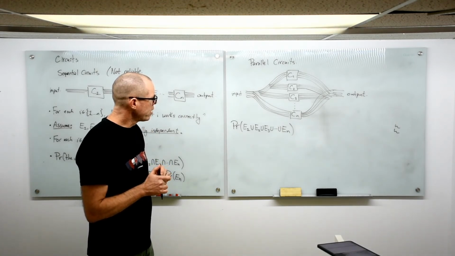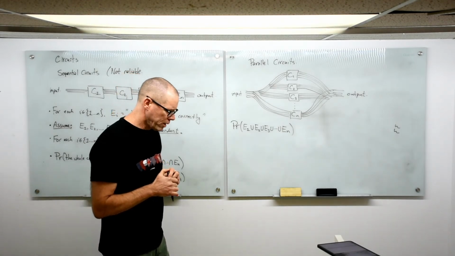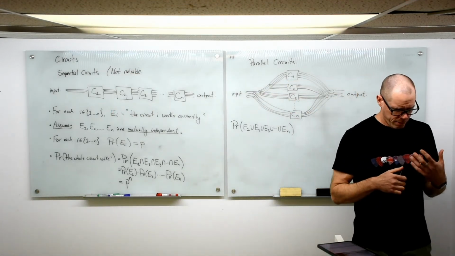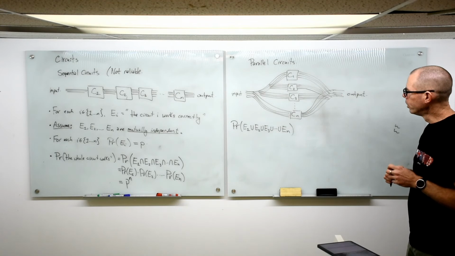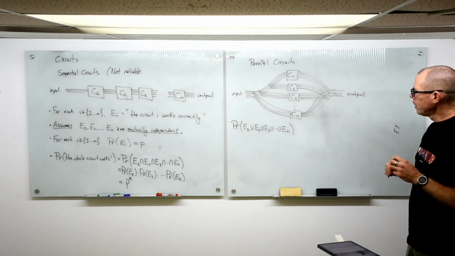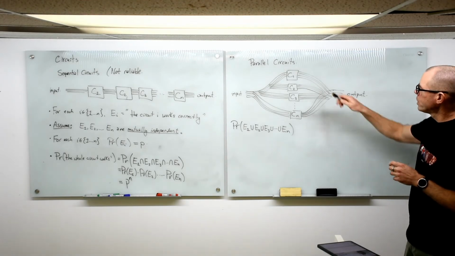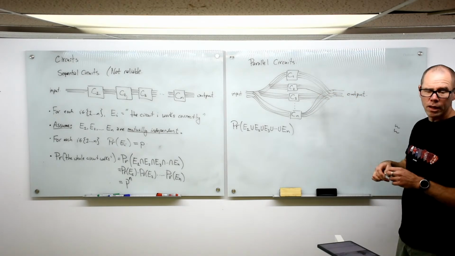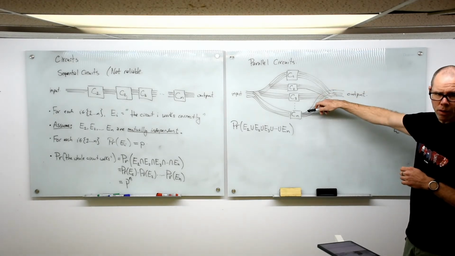Of course, the trick that we're going to use is the complement rule. The complementary event to this works, or this works, or this works, is that none of these work.